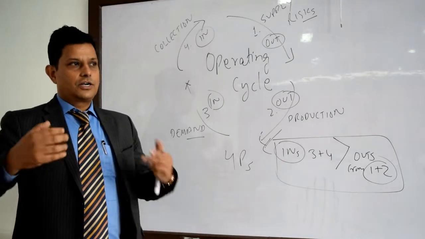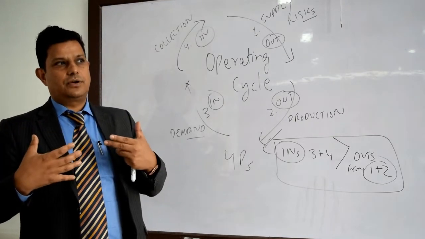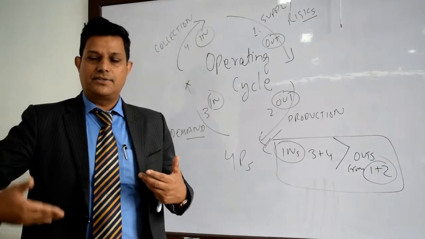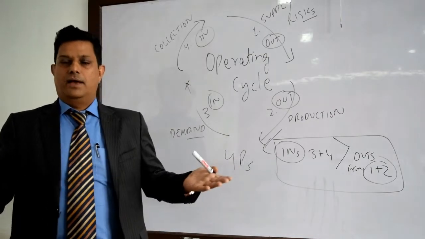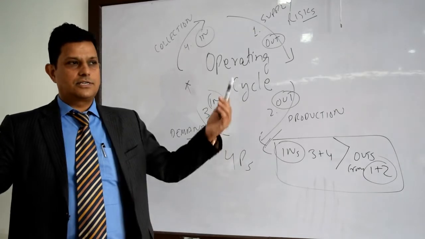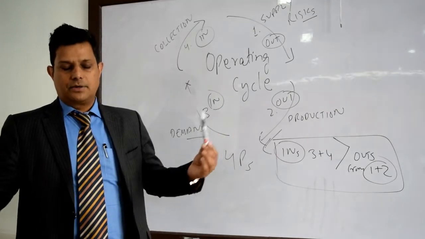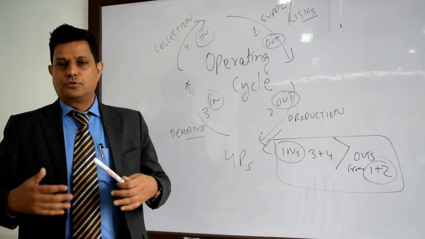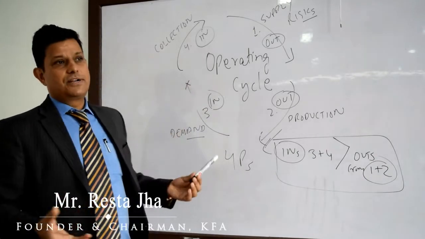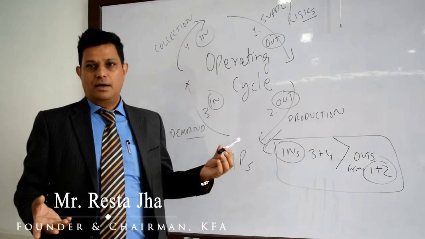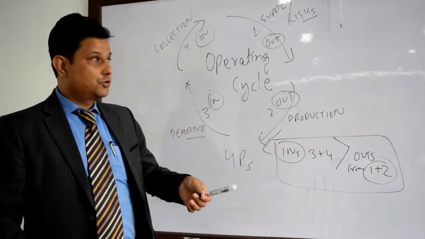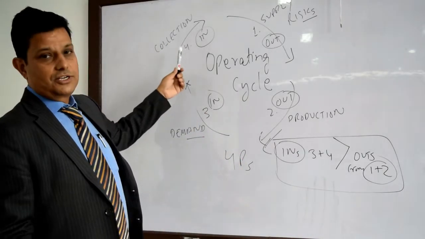Then the collection risk gets transferred from an individual Ram, Shyam, Sita, Gita to the bank. The banks being licensed by the central bank, A-class commercial banks, there is no collection risk.